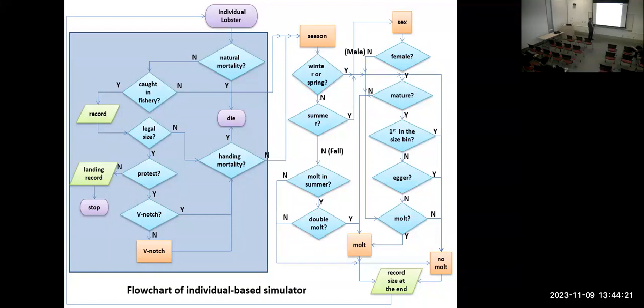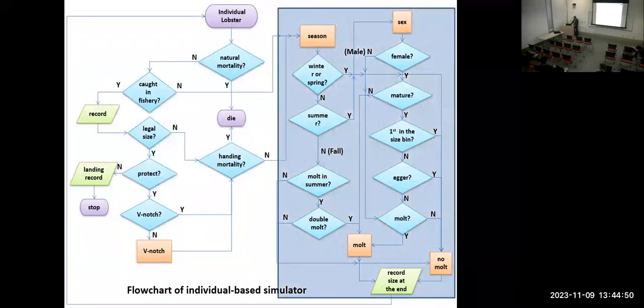Because of the protection measures, the lobster has a legal size. Actually, they have a maximum legal size, and also the V-notch provision. So when they have a V-notched lobster, you cannot land it, right? If it's not V-notched and it needs to be V-notched, then it will be V-notched. This is the fishery part, explicitly building in those conservation measures.